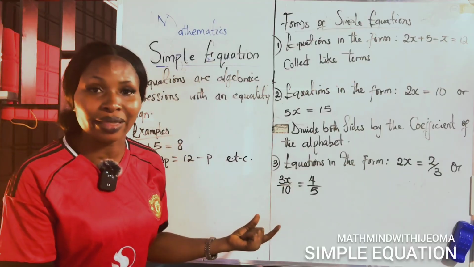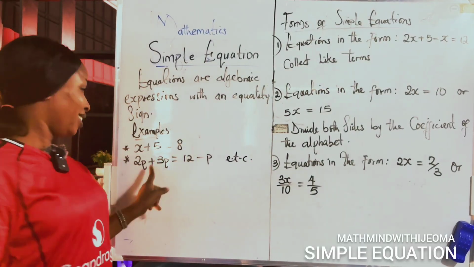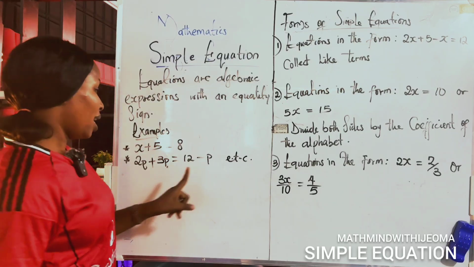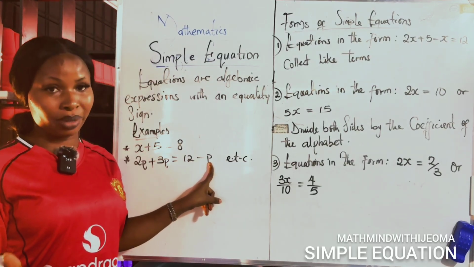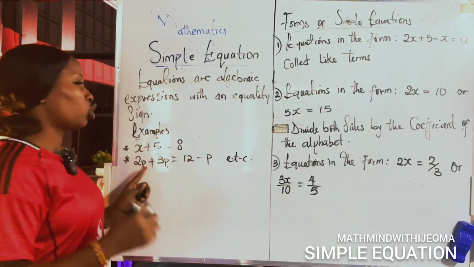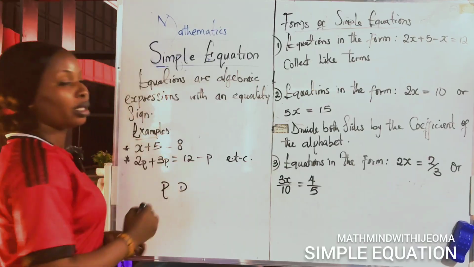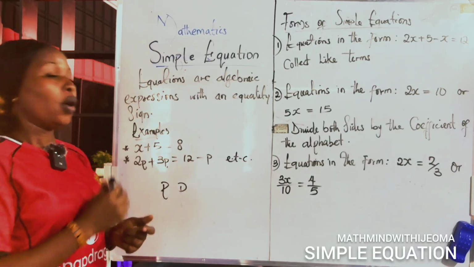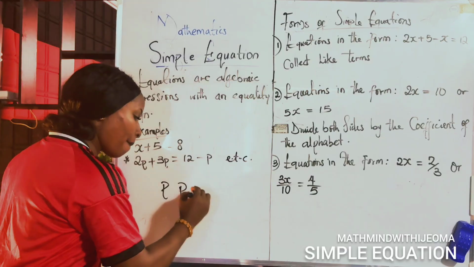Why are they like terms? Because 2 has p, 3 has p, and p is among them because it's p already. So now, what does 2p mean? p and another p. That's 2p. What does 3p mean? p and p and another p.